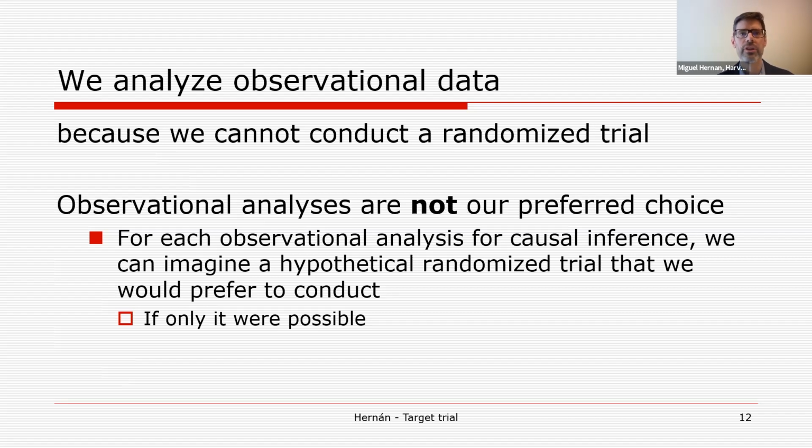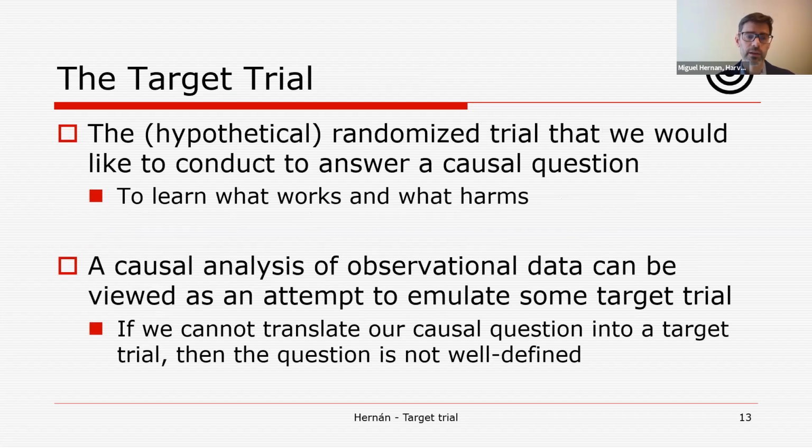We just think for each question, for each causal question that we have about comparative effectiveness or comparative safety, we can think of a hypothetical randomized trial that we would prefer over an observational study. And that hypothetical randomized trial that would answer our question, if it were possible, is what is really the target of our inference. So we refer to it as the target trial.